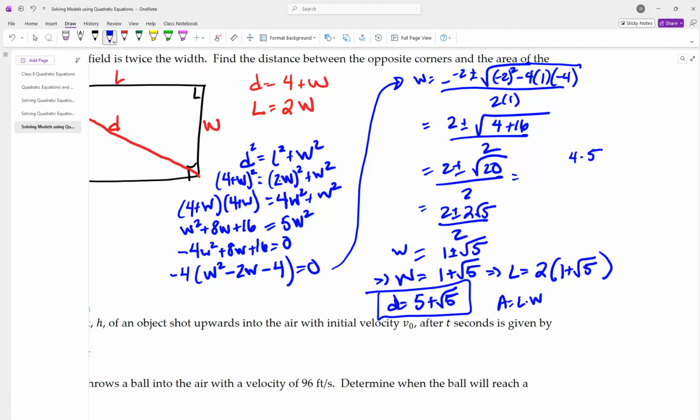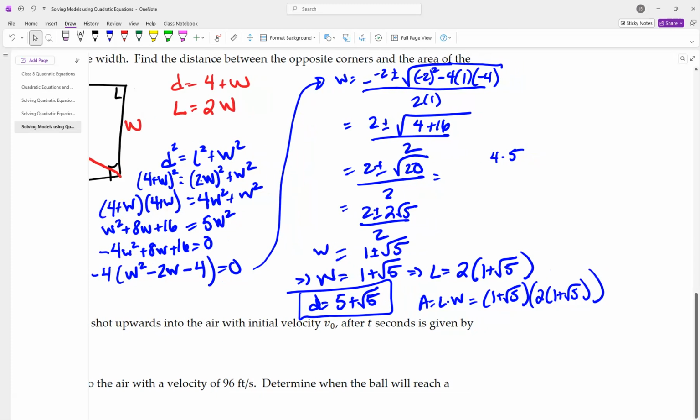And this is incredibly ugly because we have 1 plus square root of 5 times 2 times 1 plus square root of 5. I'm going to leave it like that because it's kind of ugly. It's not a pretty expression. I could find it, I'm just not going to find it in this video.